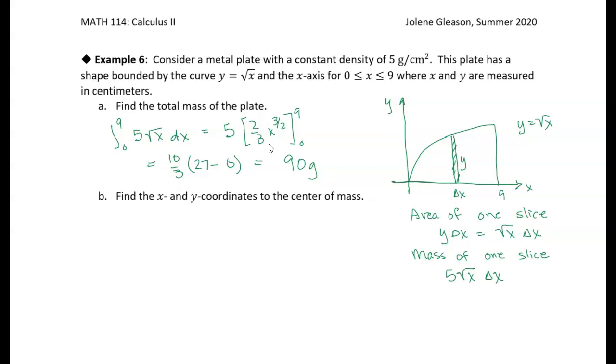Essentially we're looking at the tendency for any one slice to rotate this mass around the y-axis. And if we add up all those moments all the way down the x-axis, we're going to get the moment for this whole plate around the y-axis. Okay, so we're going to call that My.